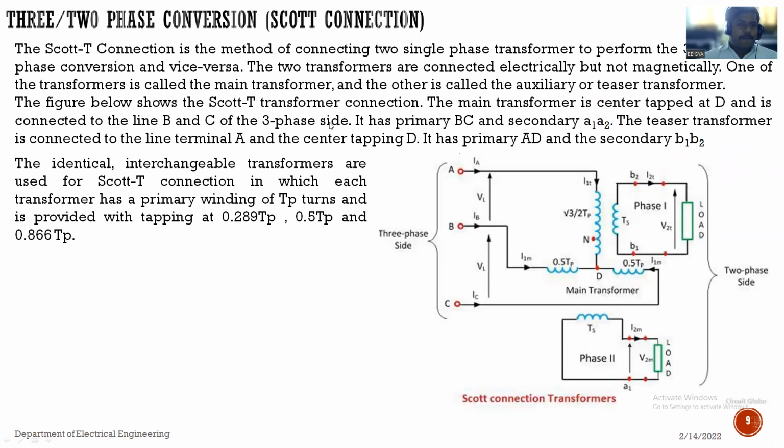Okay, see here, this is the connection of Scott, or the 3-phase to 2-phase conversion. See, in that there are 2 transformers used. One transformer is called the main transformer, and the second transformer is called the teaser transformer.